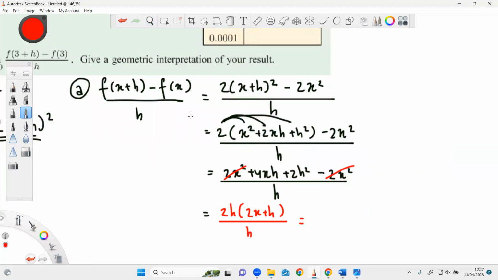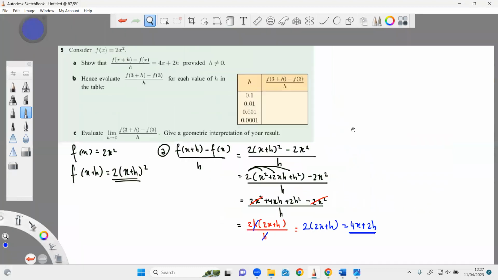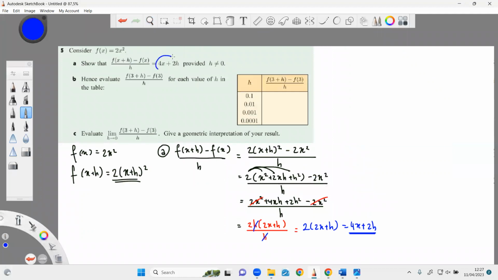And you will get the simple formula and proven, right? There you go. See, proven.